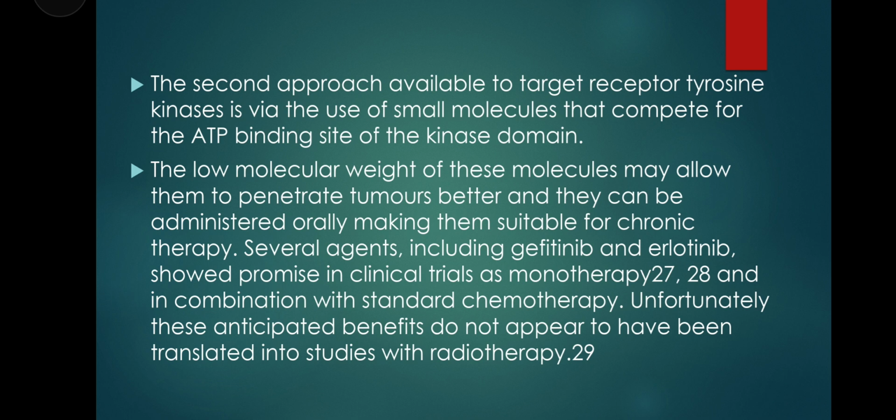Several agents, including gefitinib and erlotinib, show promise in clinical trials as monotherapy and in combination with standard chemotherapy. Unfortunately, these anticipated benefits do not appear to have been translated into studies with radiotherapy.